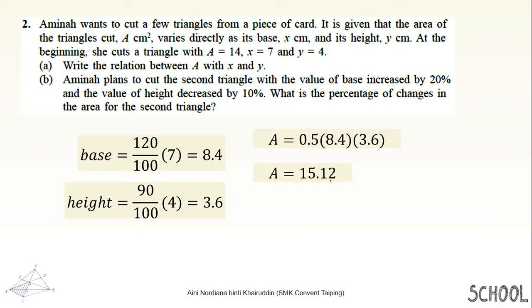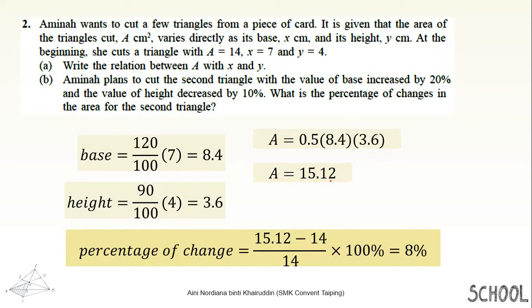So what is the percentage of change? So use the formula. This is the new area minus the original area, or the first area of the triangle, divided by the first area of the triangle, times 100%. So this is the percent of change.